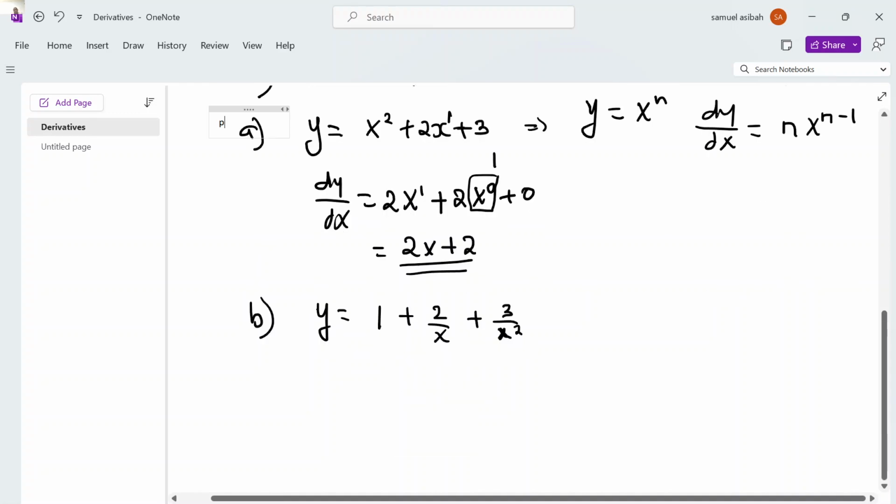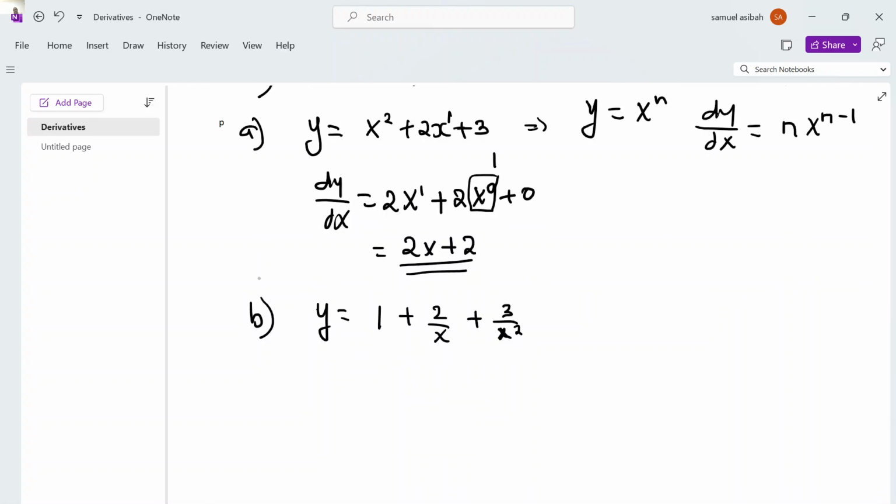So when you're given a polynomial of this nature, the first thing that you should do is to bring the x's up by just doing the division there.